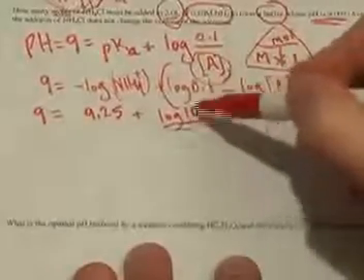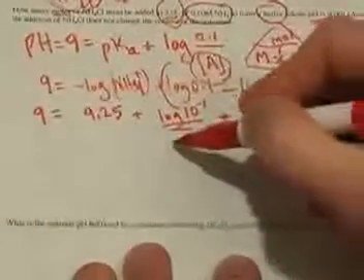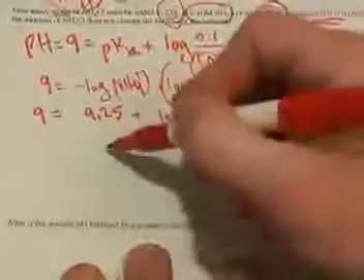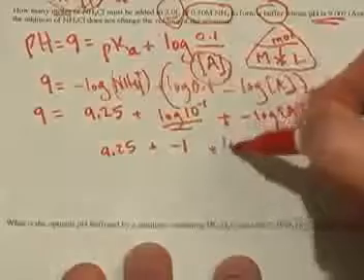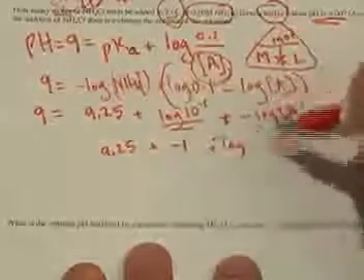This one, the log of 10 to the negative 1, of course, is just going to be negative 1. So we end up with 9.25 plus a negative 1 plus the log, negative, don't lose that, of concentration of A is equal to 9.